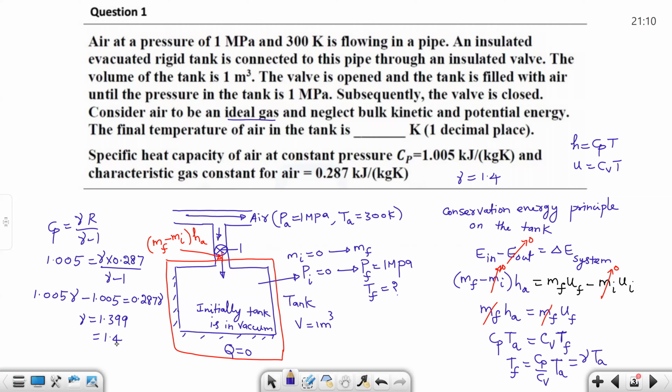Then the final temperature will be TF, 1.4 into temperature of air is 300 Kelvin, 420 Kelvin. So this will be your answer. 420 Kelvin is your answer.